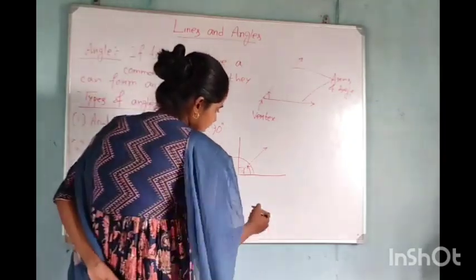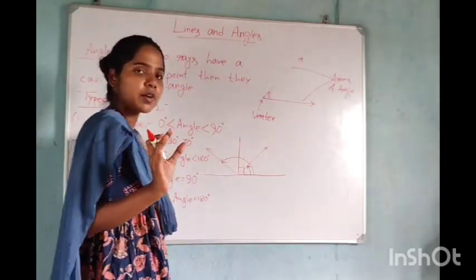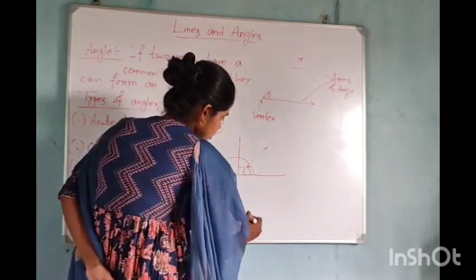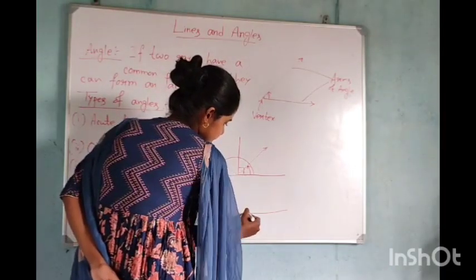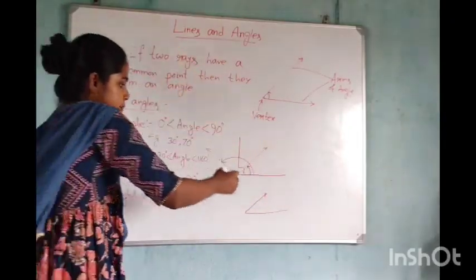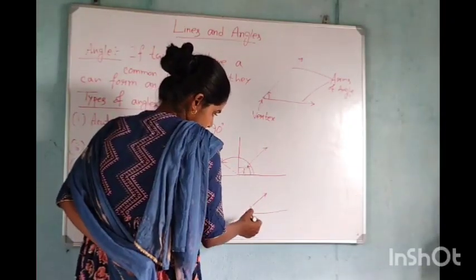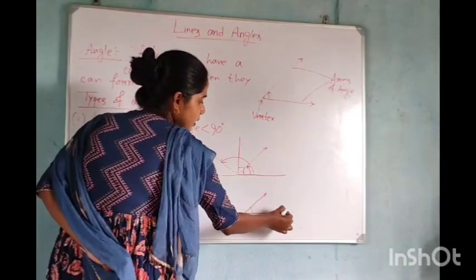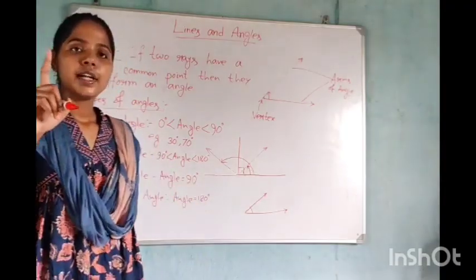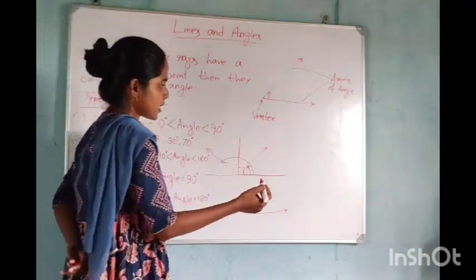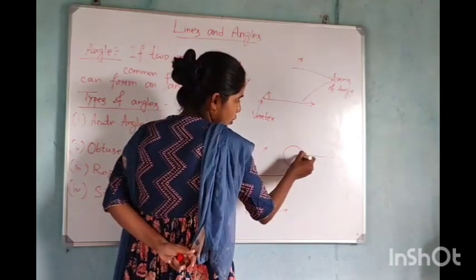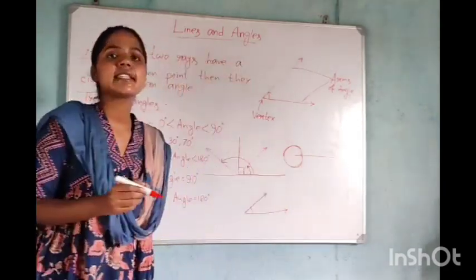Reflex angle. Like we know how to draw an acute angle. Acute angle will be like this, less than 90 degree. So this is an acute angle. Now one thing that we have to discuss: this is a line, and a complete revolution angle is 360 degree.